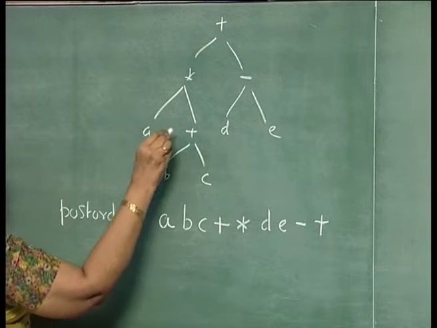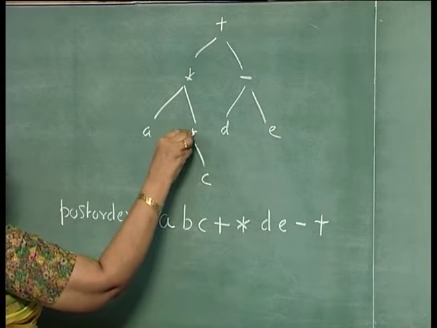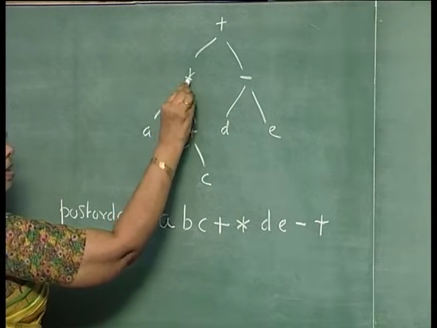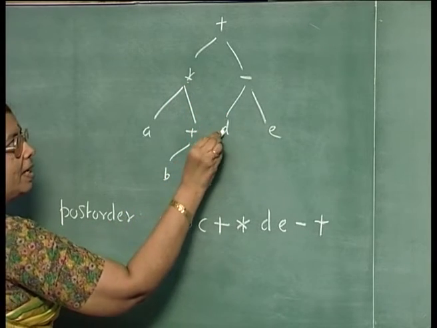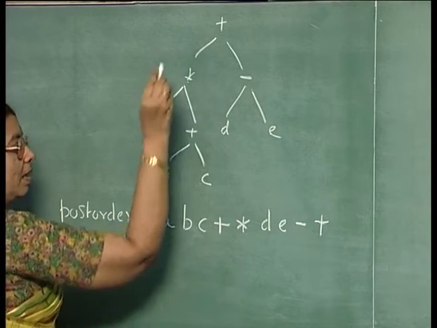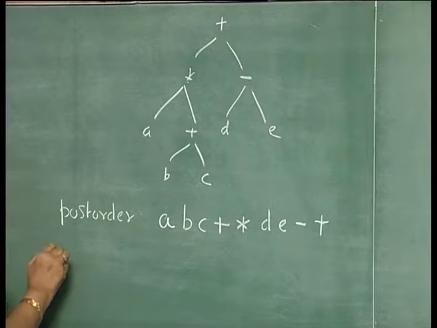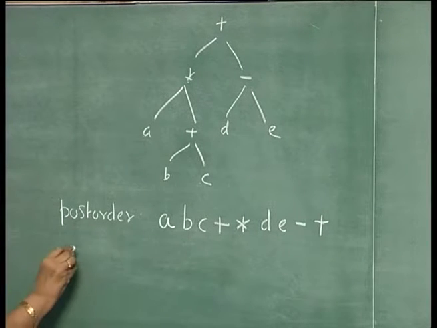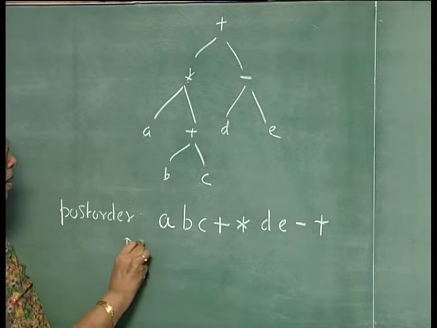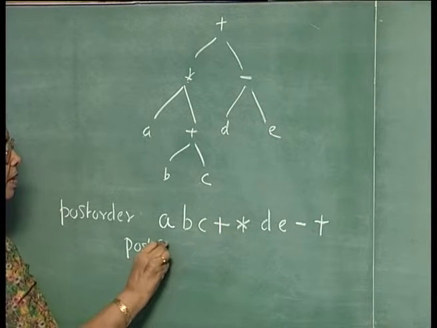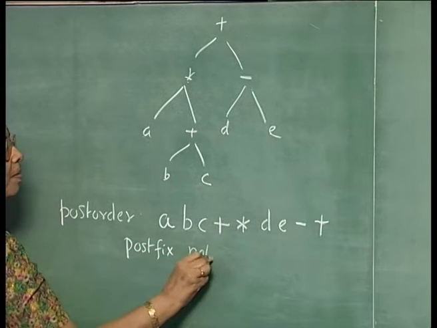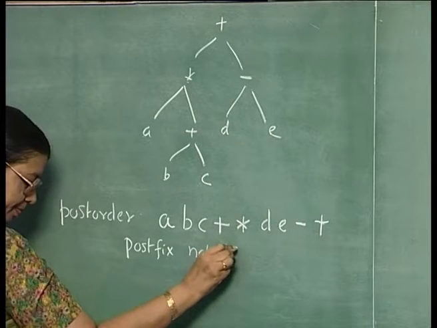A, then the right subtree is B, C plus, then star, then this right subtree is D, E minus, then the whole thing is plus. This is called a postfix notation for arithmetic expressions.